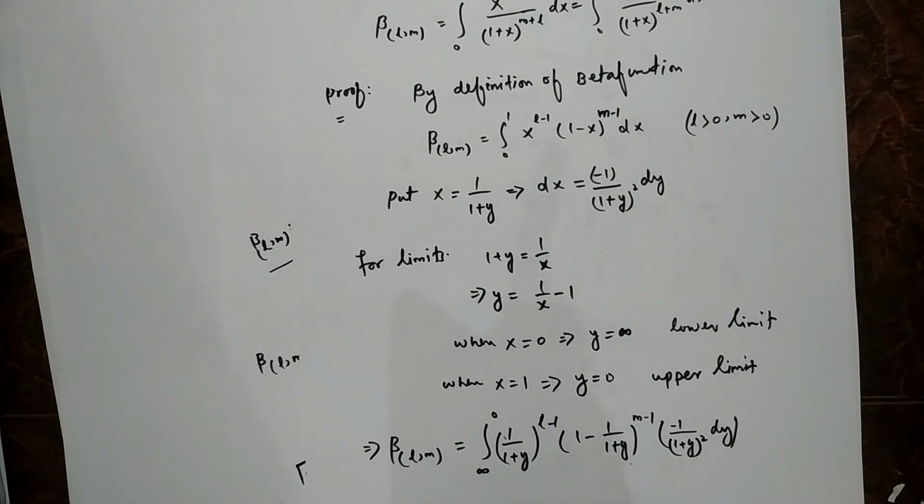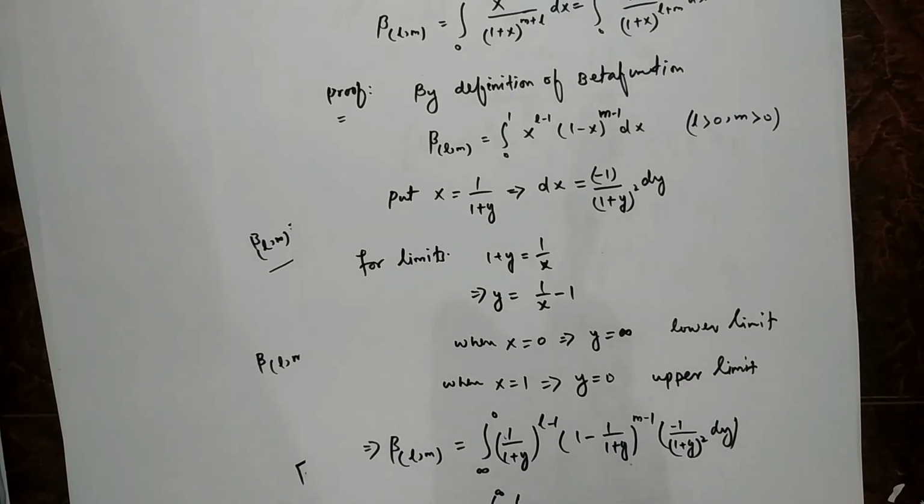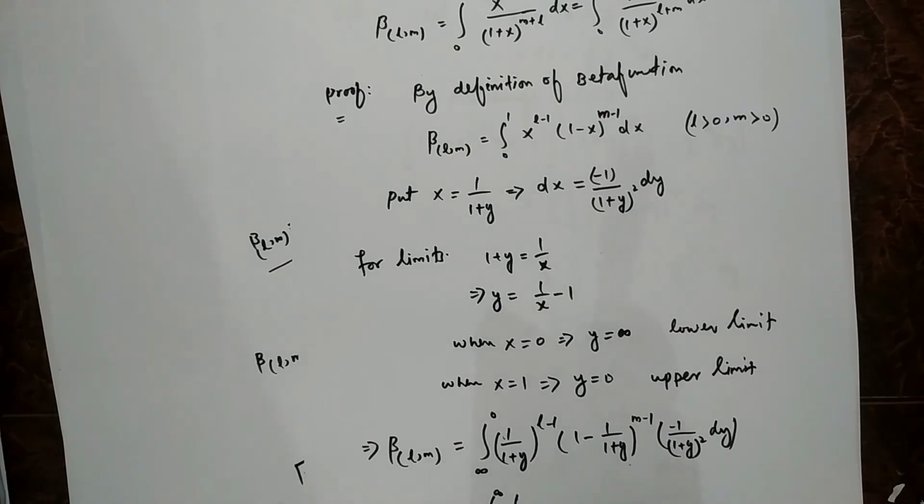So making some simplifications, this negative sign will be brought here, and it will invert the limits. So this will be 0 to infinity, and here we have 1 upon 1 plus y. Anything to the power 1 will be equal to 1. So if we apply this power to the numerator, it will give us 1, and in the denominator it will be l minus 1.